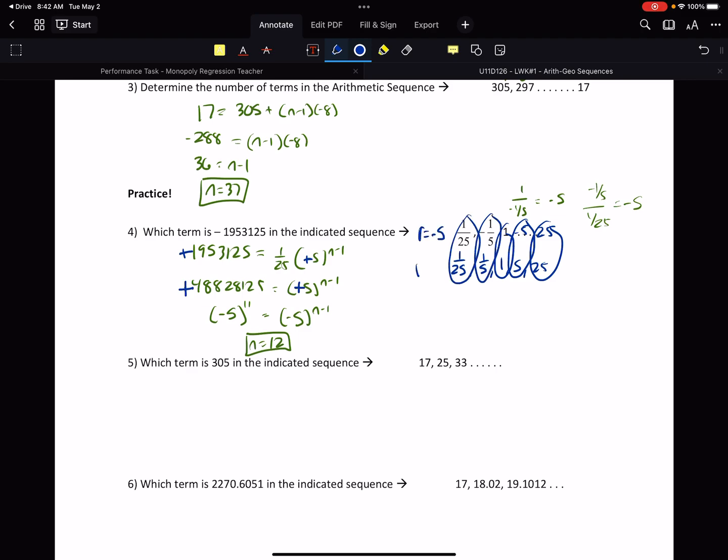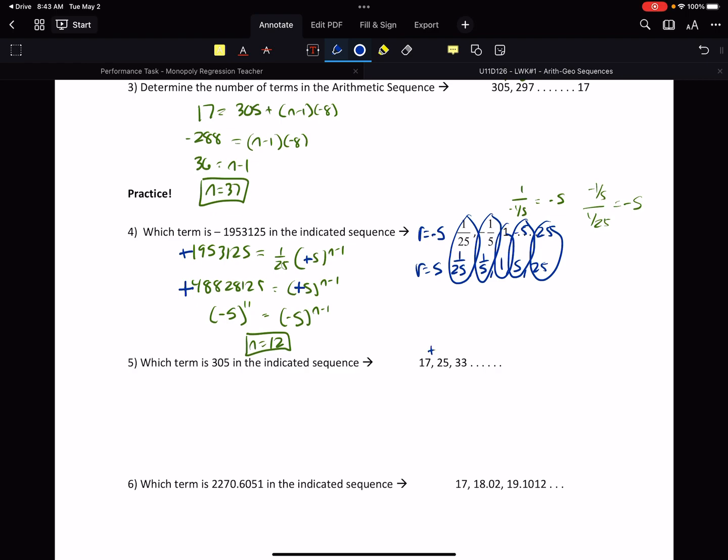So if the r is negative 5, the r is 5, the numbers are in the same spot. We just don't have that flip-flopping back and forth of positive negatives. So if we did logs in this scenario, logs would work, and logs would also give us 12. We would just have to pretend that everything was positive.